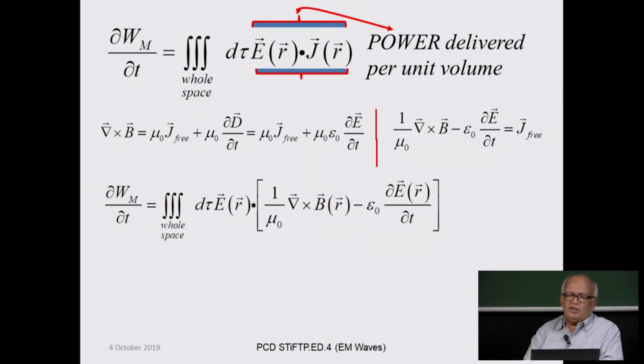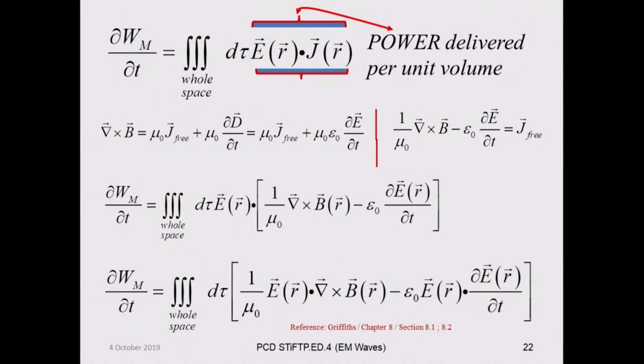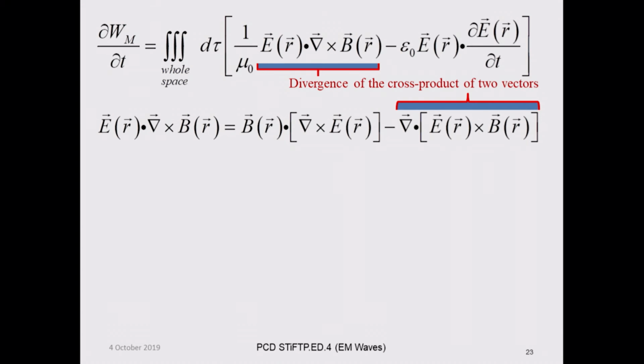to write J as del cross B minus del E by del T term, which is the Faraday's correction term, all right. And the two terms, we can write these as separate integrals. So, let us do it here.